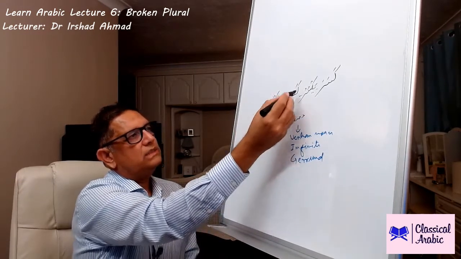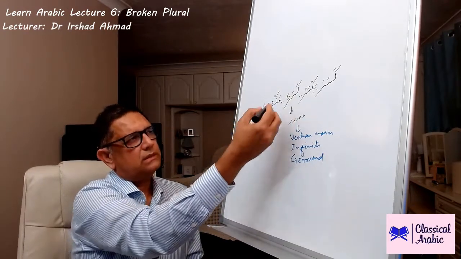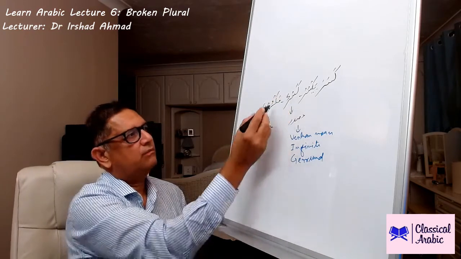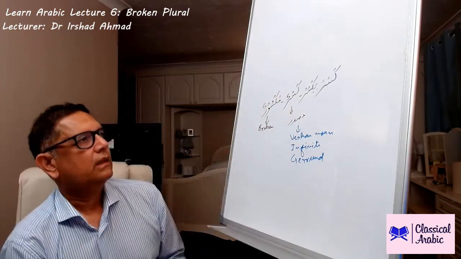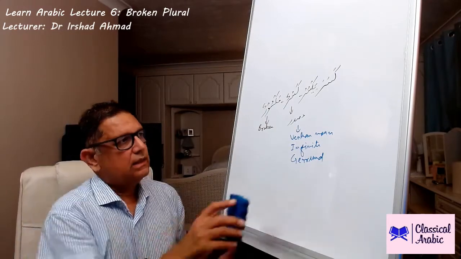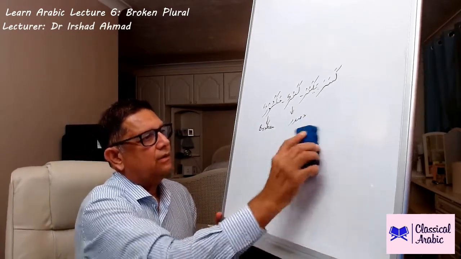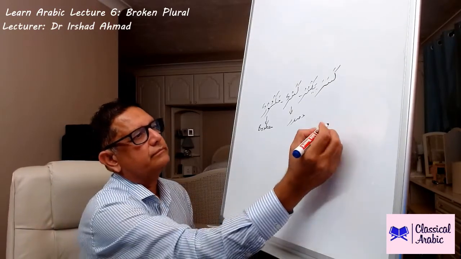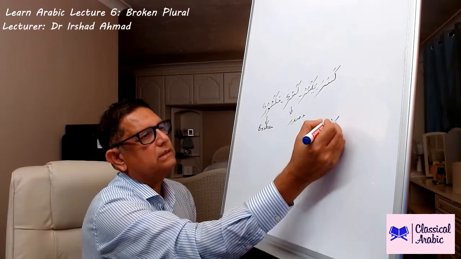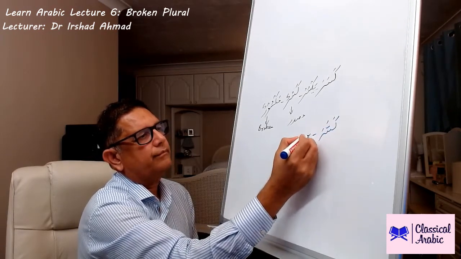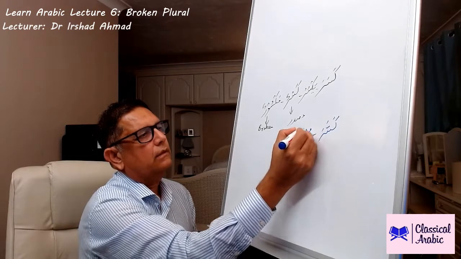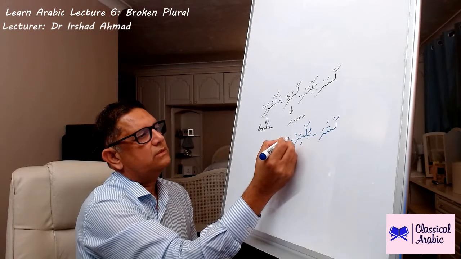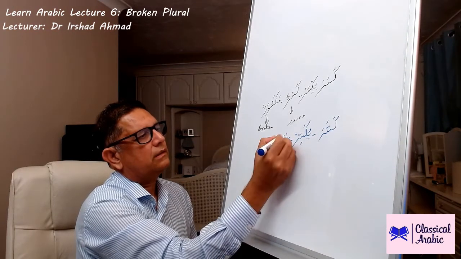This is sometimes loosely translated as broken, but this is not really exactly the meaning. Maksurun means broken, and there is a related verb which is called kassara, yukassiru, and its masdar is going to be taksir.